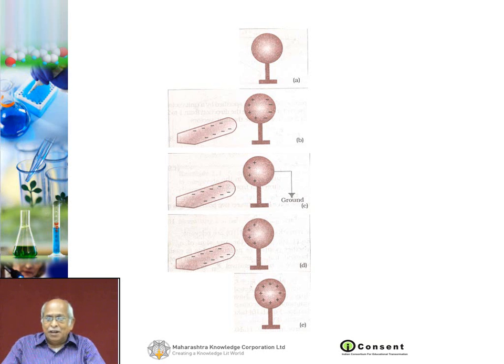This is what is shown in figure C. Now that earth connection or ground connection is removed. Observe that positive charge does not go to the earth. Why? Because positive charge remains there due to attraction with negative charge on the plastic rod.